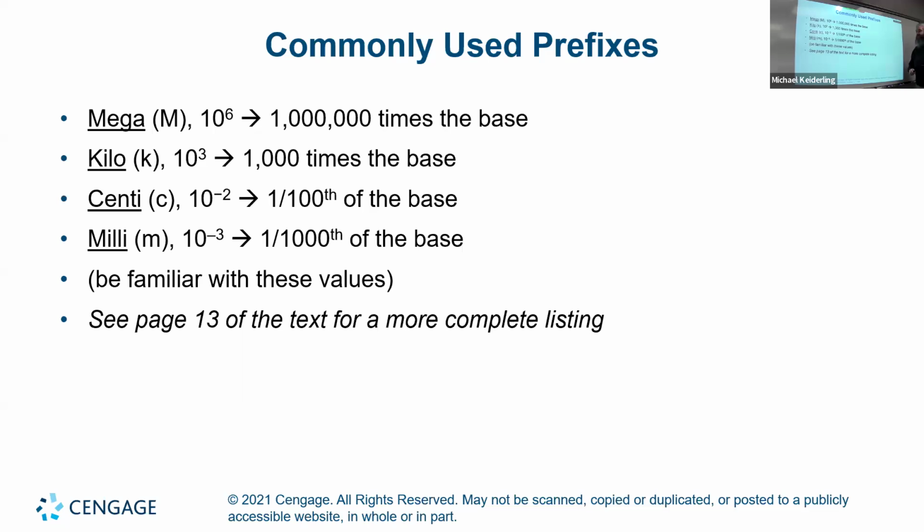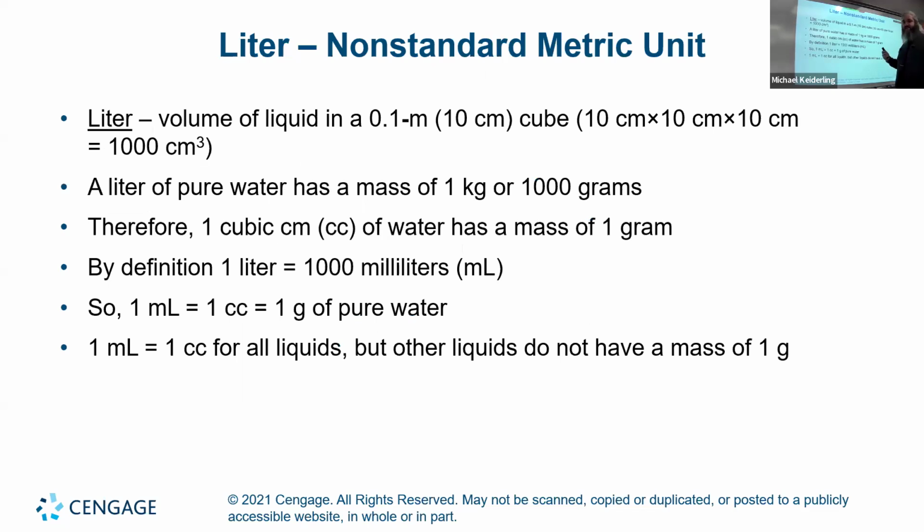There is a table on page 13 that extends this. If you want, I can pull up the whole table. There are prefixes for every 1,000 going up and down, and then there's prefixes for 10 and 100 going up and down as well. But there is a complete table in your book on page 13.